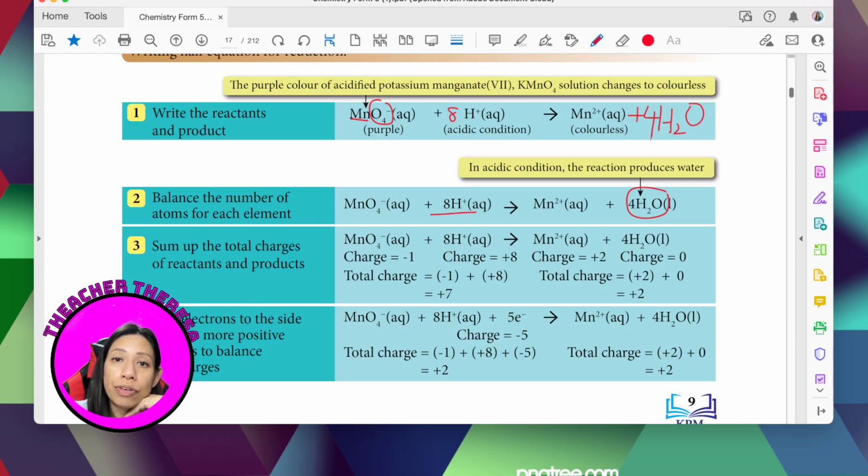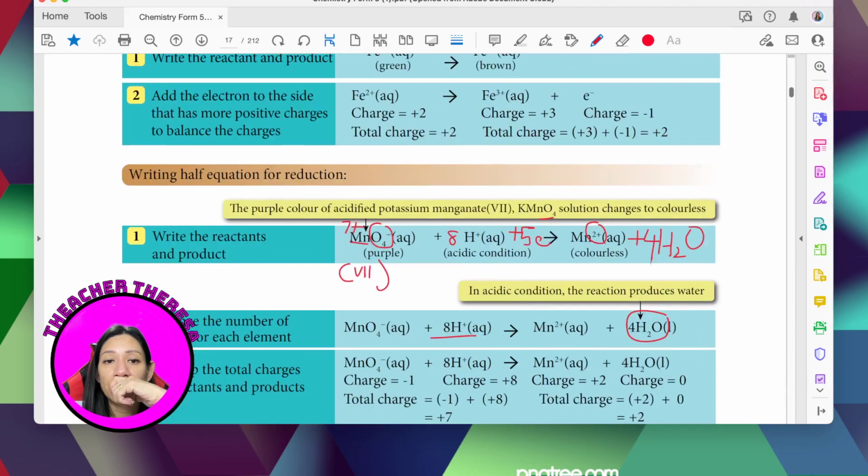How is the shift happening from Mn here to Mn2+? Why is it called manganese(VII)? Because the oxidation number of Mn here is 7+. To go from 7+ to 2+, it has to receive 5 electrons. So that's the half equation for manganese.